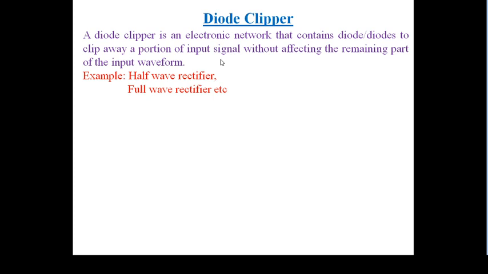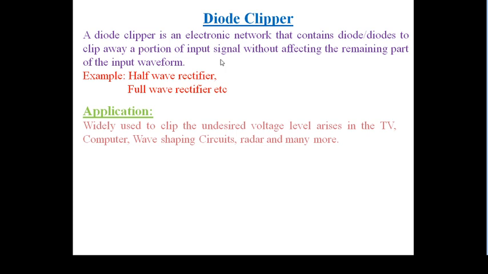The positive half of the cycle remains constant. So half wave rectifier is the example. Full wave is also an example of a clipper circuit. Now the application: it is widely used in various electronic devices like TV, computer, wave shaping circuits, radar, and a few more.